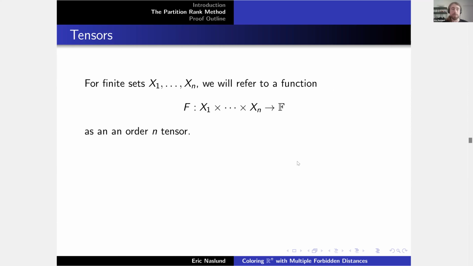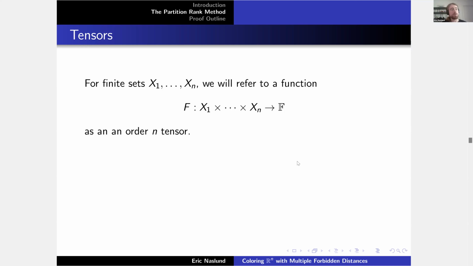So let's talk about tensors. For finite sets, we'll refer to a function f from the Cartesian product of these sets to any field F as an order n tensor. This might not be the definition people are used to.